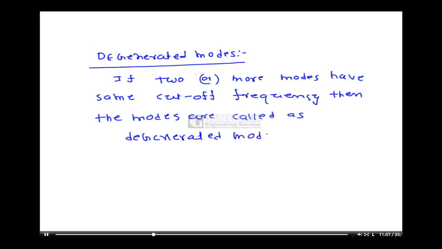That is, the modes with the same cutoff frequency are called degenerated modes.